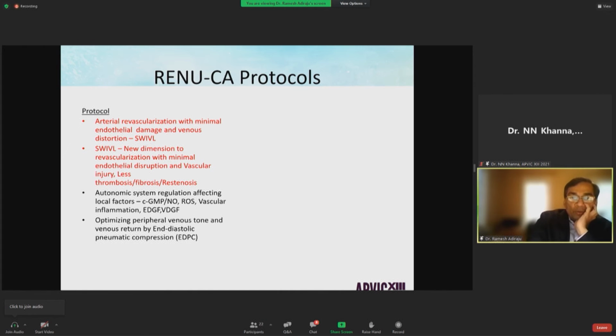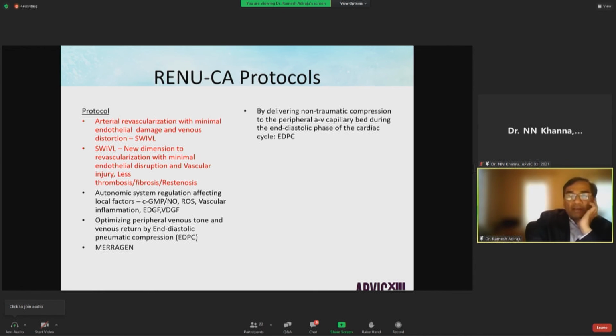Peripheral venous tone is an often forgotten entity which actually reflects on the arterial integrity and autonomic system balance. Mergen is a new non-invasive addition to our protocol, as I mentioned, that works with the end-diastolic compression.